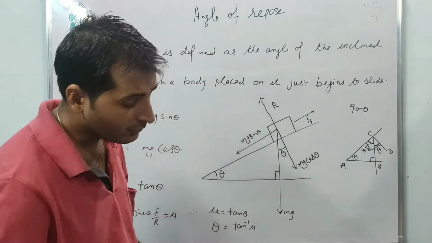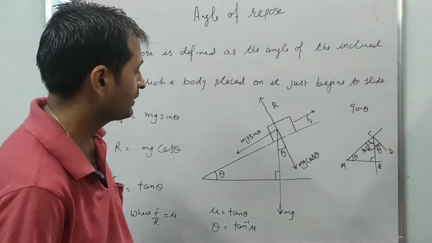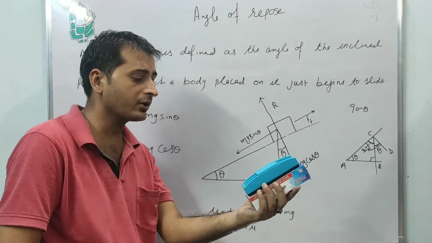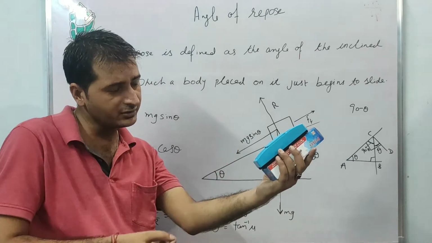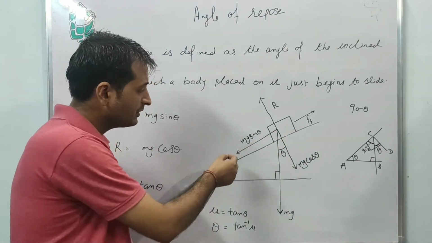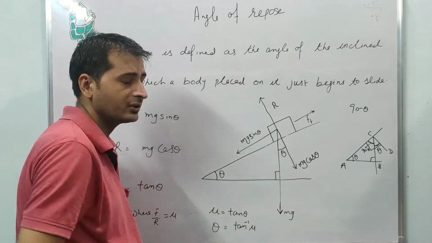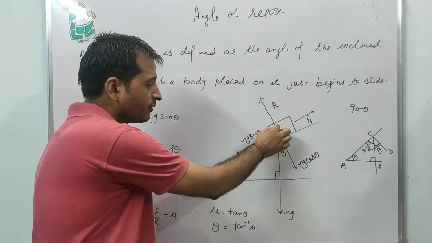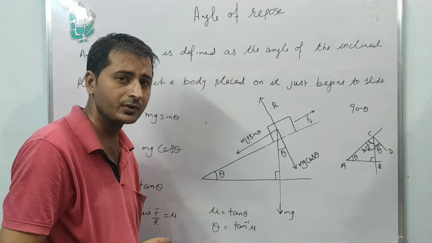Clear? Now the body is sliding, means accelerating toward this direction. So there will be some force acting. That component is mg sin theta, by which the body is moving toward this direction. Clear?